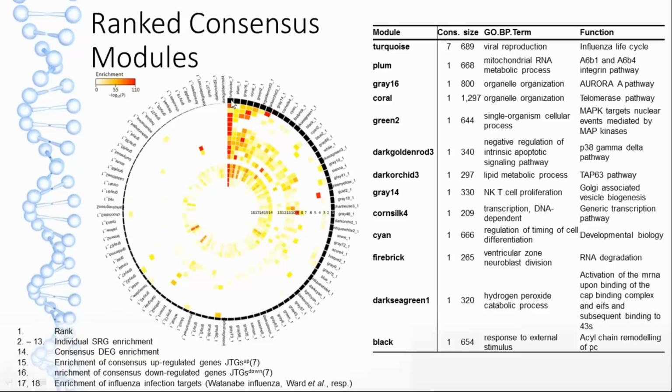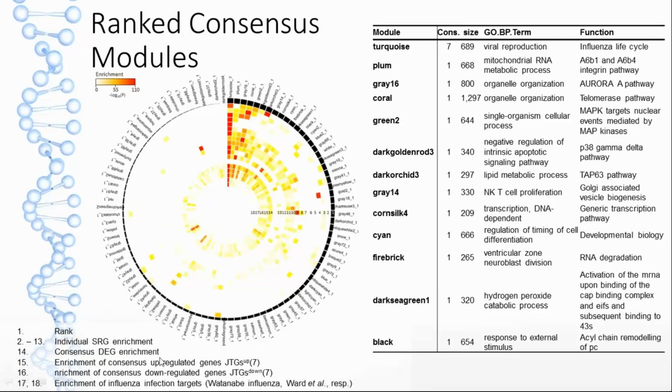So the larger this bar, the higher the rank, and all these other heat maps indicate the overlap between the consensus modules and the particular DEGs. You see the ranks up here and the particular nomenclature down here. I have individual DEG enrichment from the different data sets, a consensus DEG as well, and the up and down trends.